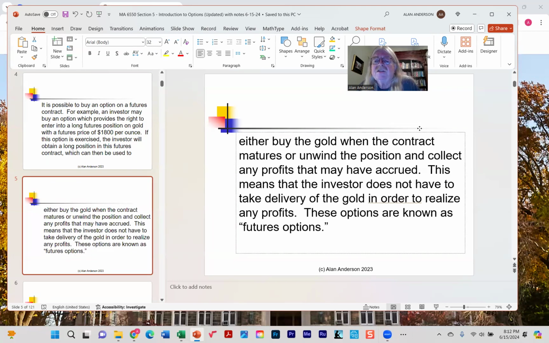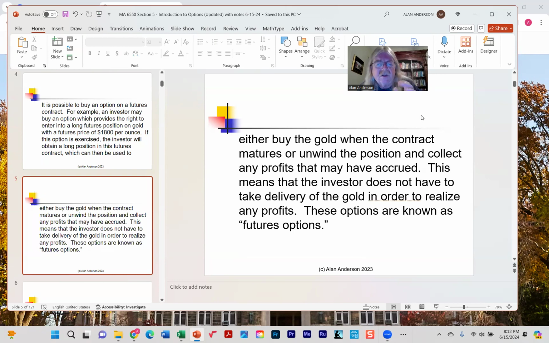But some assets can only be bought with just an option. In other words, as you remember from last time, futures are not available on every asset in the economy. In fact, the number of different futures contracts is somewhat limited. For example, if I needed to buy Swedish kroner, I'm not going to find a futures contract on Swedish kroner.